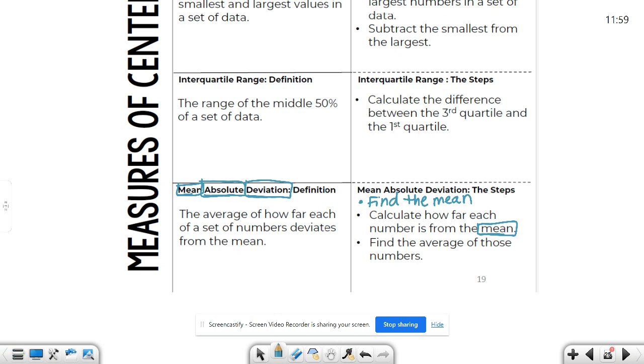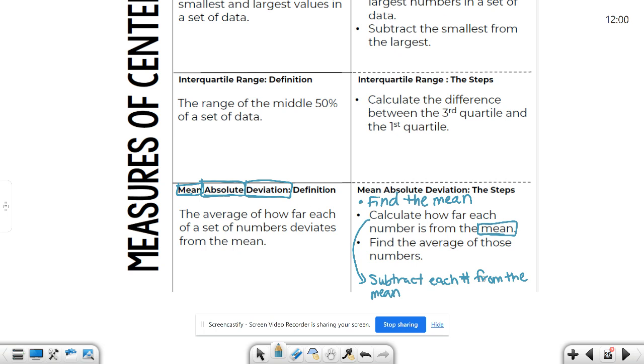Then it says to calculate how far each number is from the mean. What it means is they want you to pull it down here. Subtract each number from the mean. So after you find the mean, you're going to subtract each number from the mean to see how far away it is from the mean.